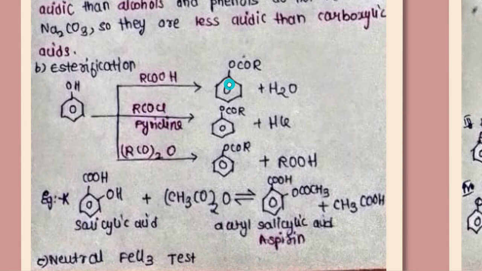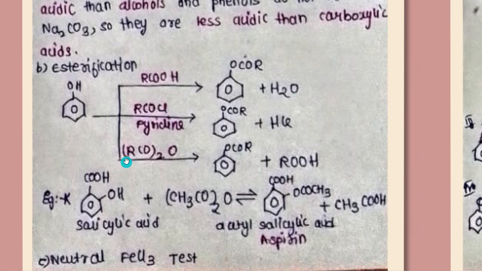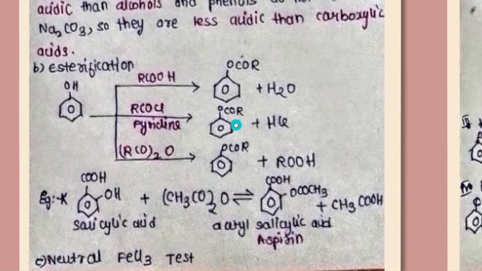Now coming to esterification. These alcohols on reacting with RCOOH, that is carboxylic acid, will give us this ester, that is benzene ring with OCOR group plus H2O. Further, this phenol reaction with RCOCl in presence of pyridine will give us again that ester plus HCl, and further on reaction with (RCO)2O will give us again ester plus RCOOH.